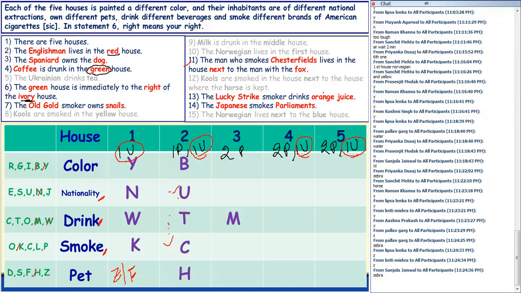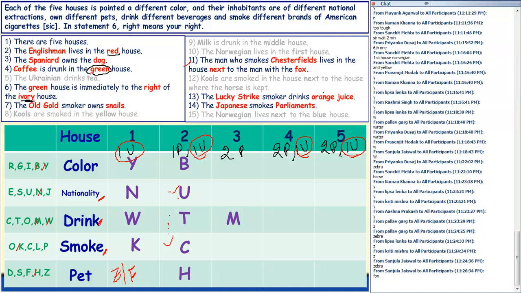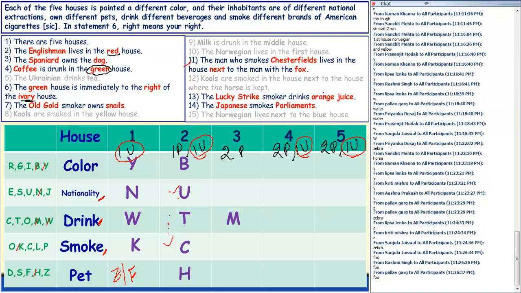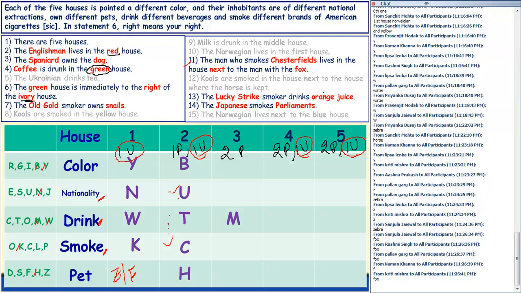The man who smokes Chesterfield lives in the house next to the man with the fox. So what should come in the first house? Fox or zebra? Now Pallav, Lipta, Kriti, Sanjula, tell me. You all said zebra earlier. Now tell me what should come. Fox or zebra? Sure? Why not zebra?